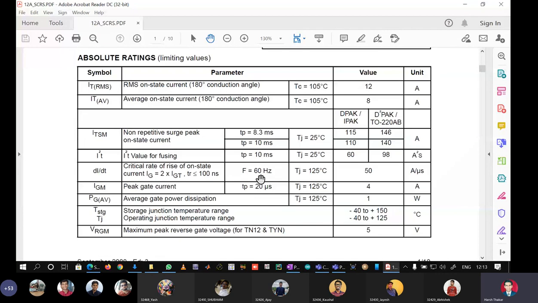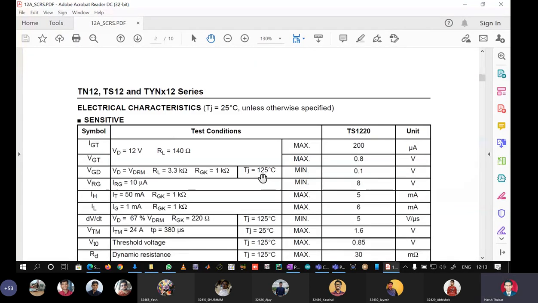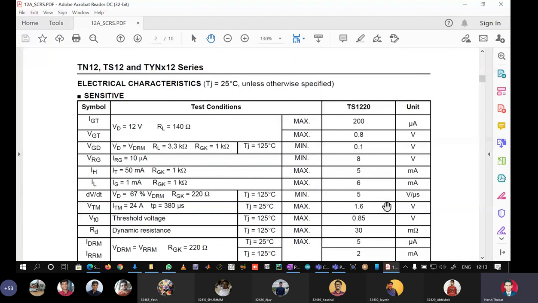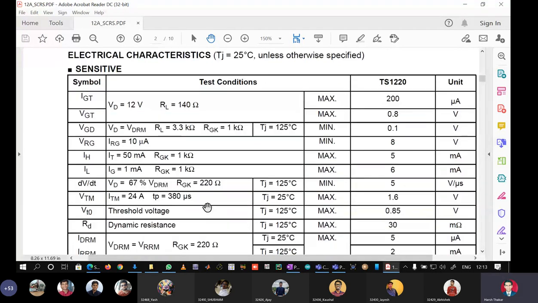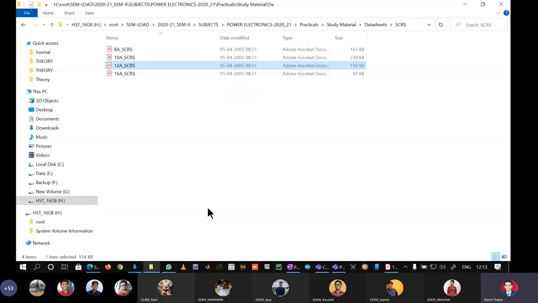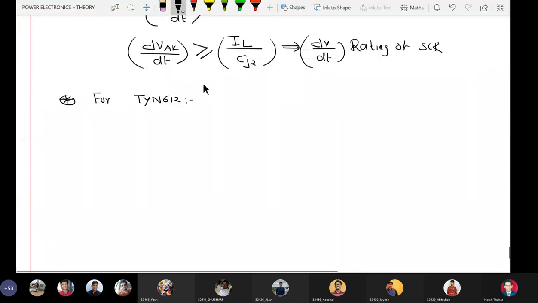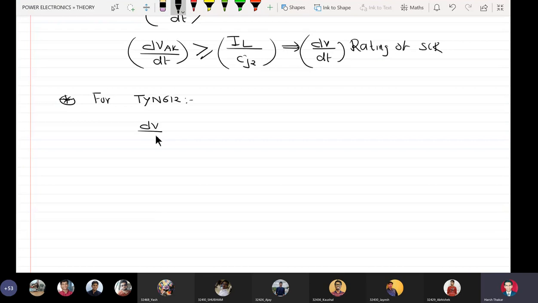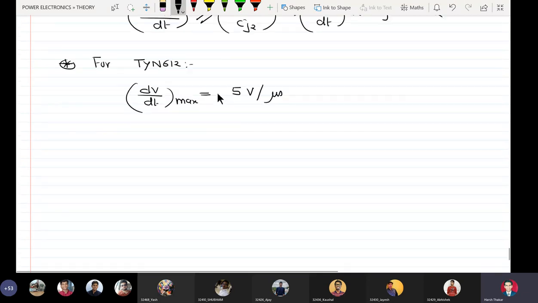Let us see what is the dV by dt rating. See, it is 5 volt per microsecond. You can see here, it is 5 volt per microsecond. For TWAN 612, the dV by dt max is equal to 5 volts per microsecond.